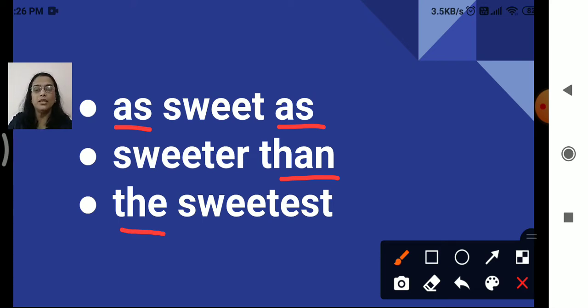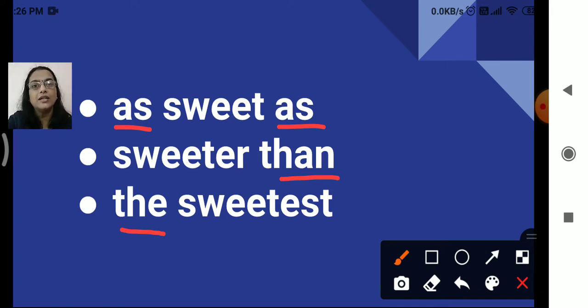They do not come individually. You cannot just add them like that, but you need to use as sweet as when you're forming the positive degree. When you're forming the comparative, you have to use than, sweeter than. And while using the superlative degree, you have to use the word the.